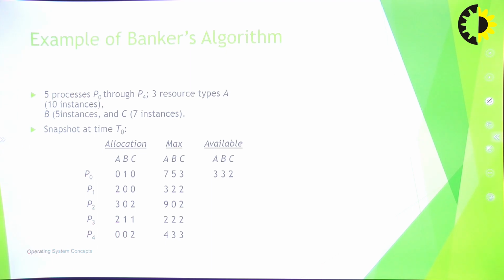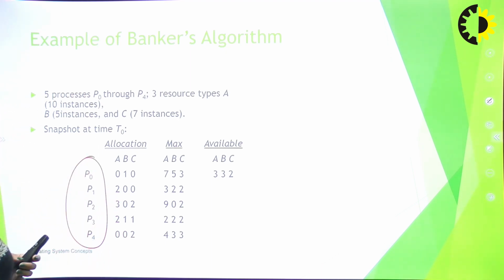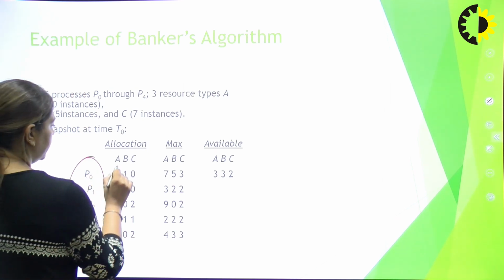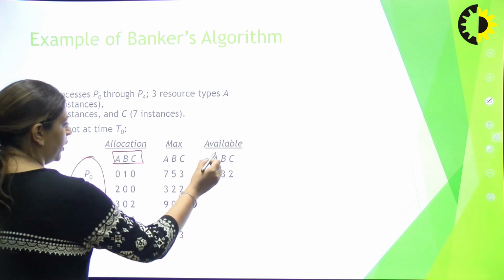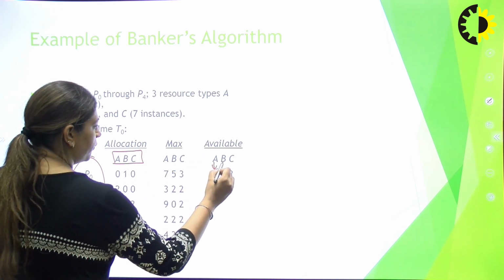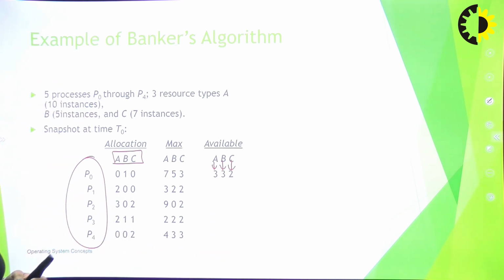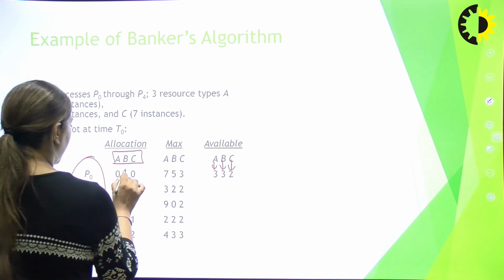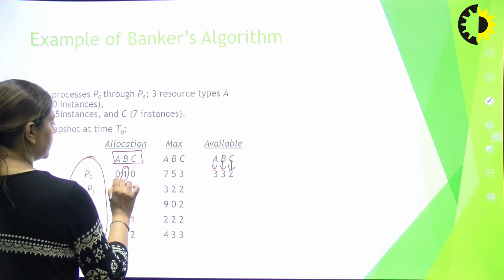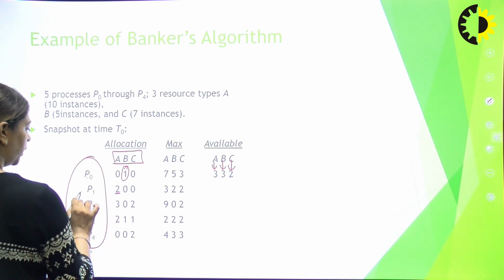Now let's take an example. There are 5 processes, P0 to P4, and resources A, B, C. Available are 3 instances of A, 3 of B, and 2 of C. These are free, not allocated to anyone. These are the allocated ones. One instance of B is allocated to P0. Similarly, 2 instances of A are allocated to P1.